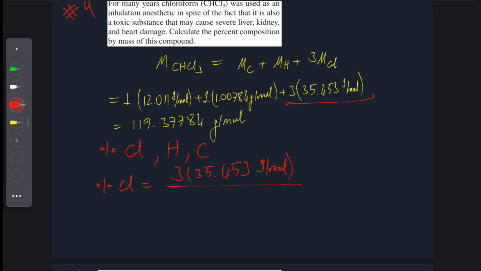And the total mass, we have calculated it. And this value, we want to convert it to 100%. So I just multiplied with 100%. And it will make it 89.1%.